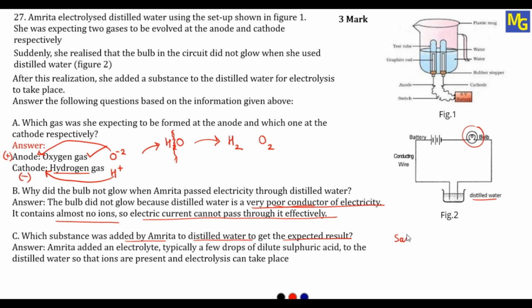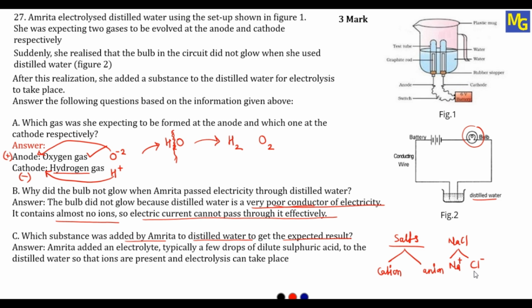If you add any salts into the water, once you supply the electricity, salts will split into a positive and a negative ion, that is cation and anion. For example, if you add NaCl, sodium chloride, it will split into positive Na plus ion and negative Cl minus ion. And these negative and positive ions are responsible to pass the electric current, and therefore the answer is salt.